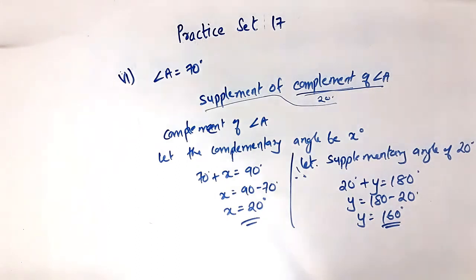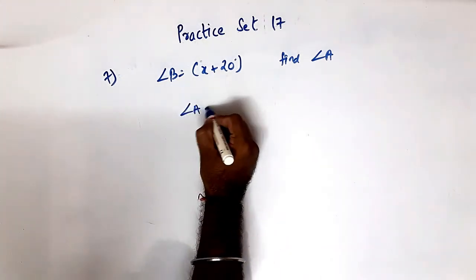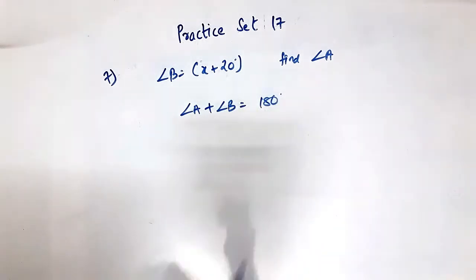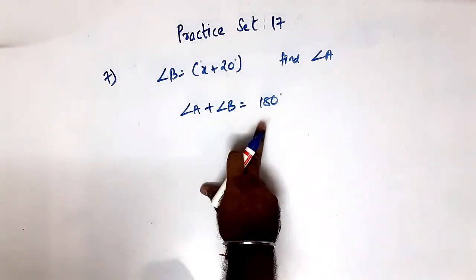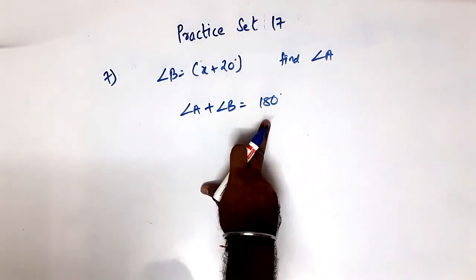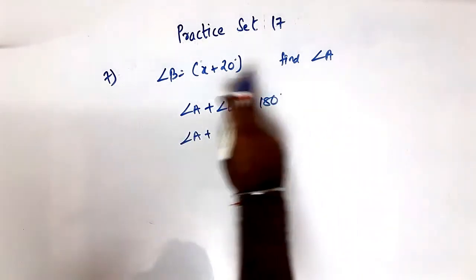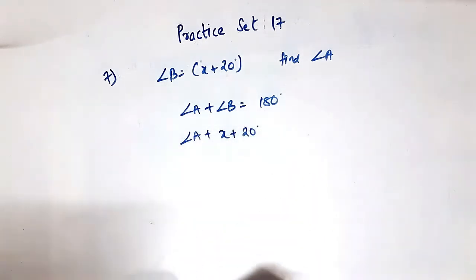Let us move on to the seventh one. The first thing given here in question 7 is that angle A and angle B are supplementary angles. So can I write this? Yes, angle A plus angle B equals 180 degrees. So angle A we have to find, and angle B is x plus 20.